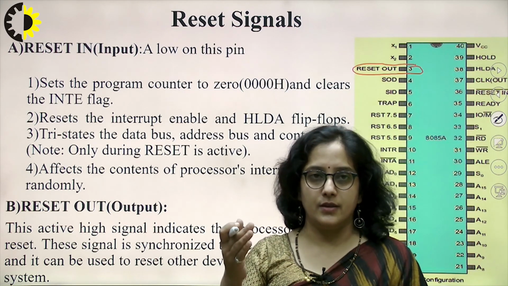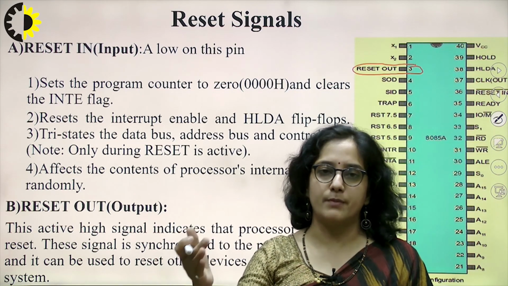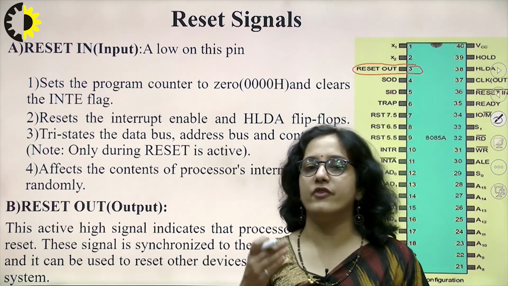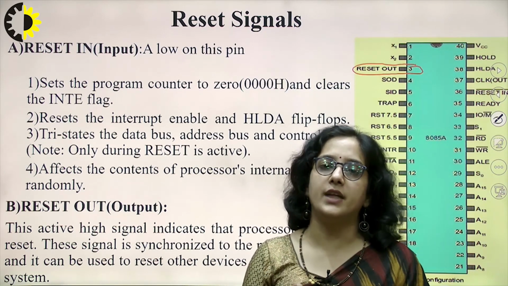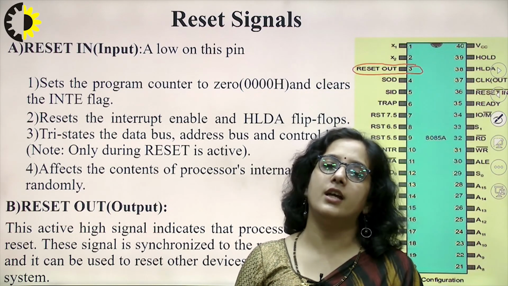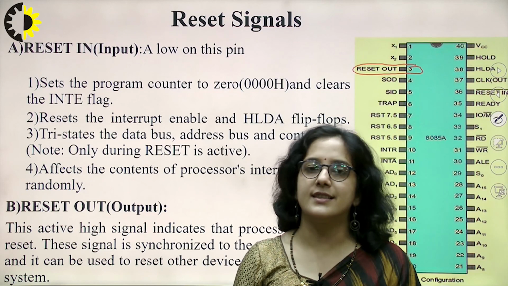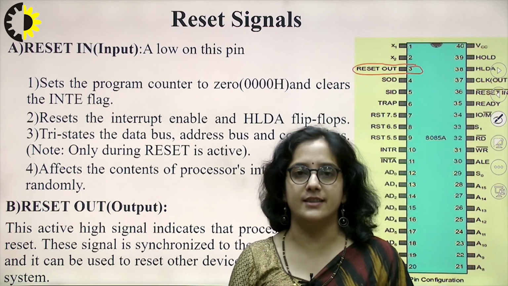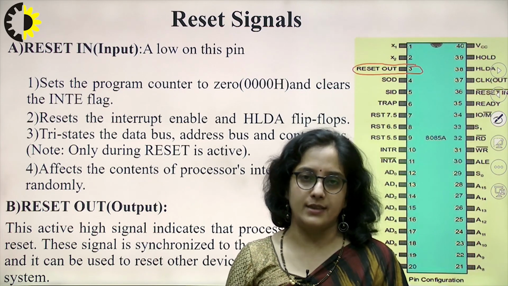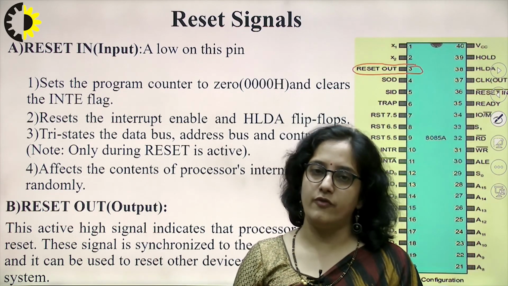The first block covers power supply and clock frequency, then we have address and data lines, control signals, interrupt signals, status signals, DMA signals, serial signals, and the reset signal. We group them into 7 groups so as to memorize them. So, this is all about the 8085 pin diagram.